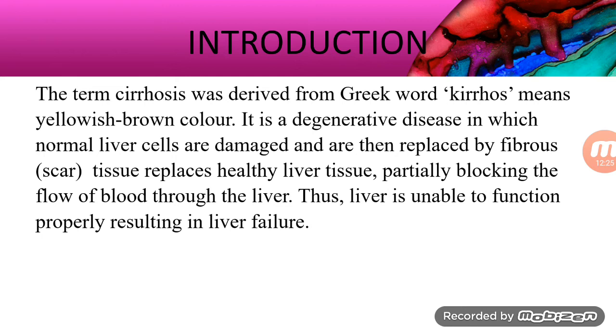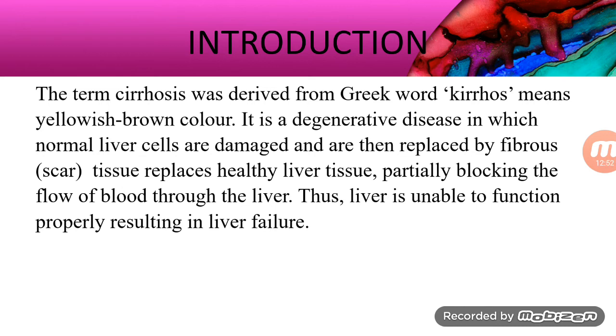Fibrous tissues are nothing but tissue which is already damaged beyond recovery, okay, which is completely damaged. So those fibrous tissues will replace healthy liver cells or healthy liver tissues in case of liver cirrhosis. And due to that, what will happen?